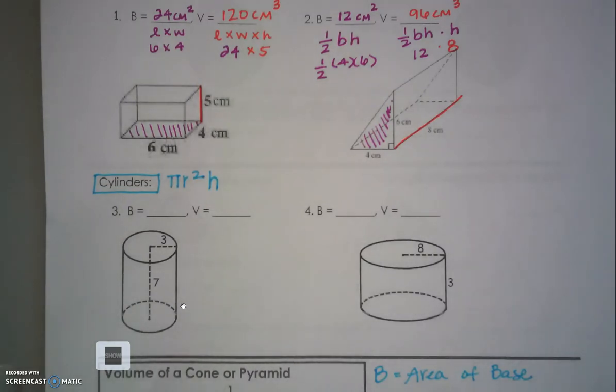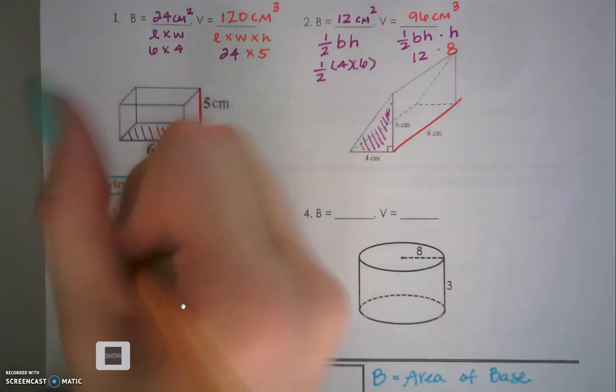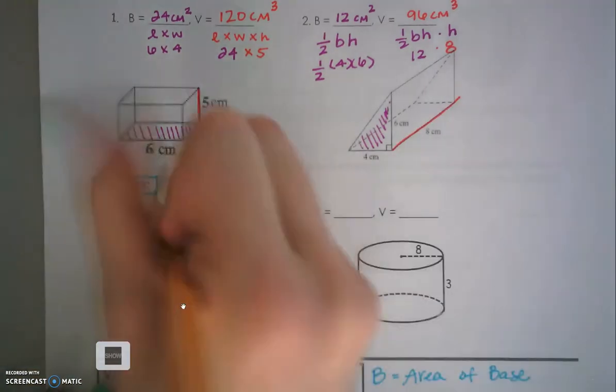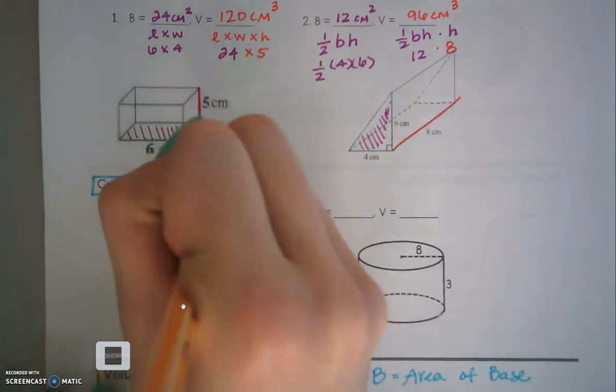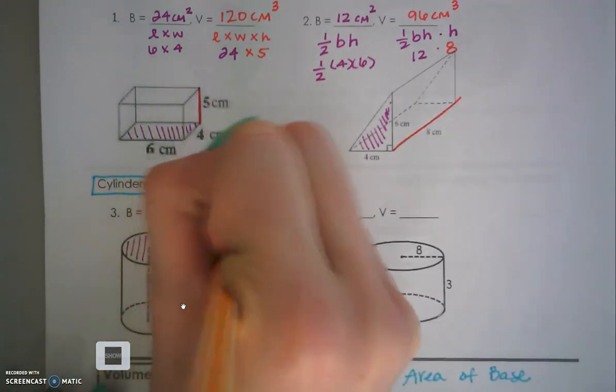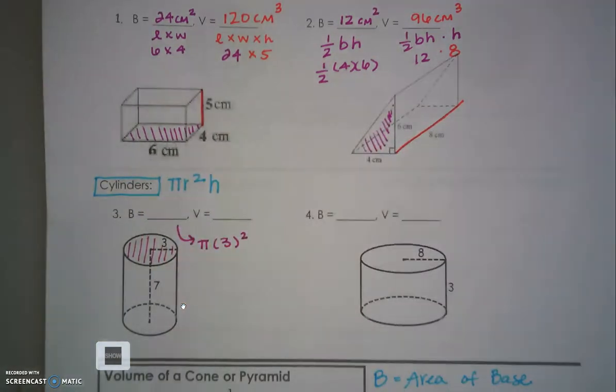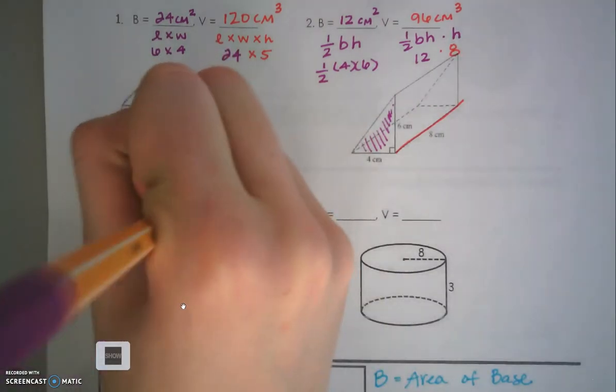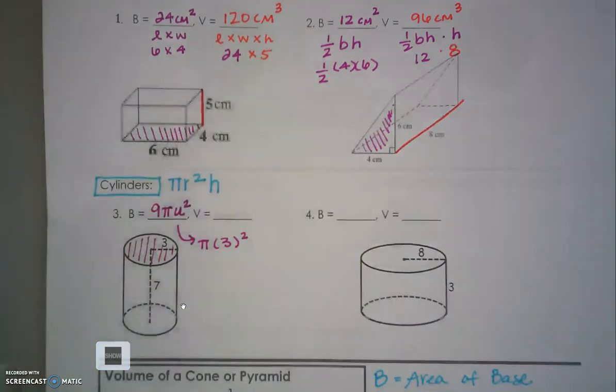So here in our first example, here is my circle. So my base is pi r squared, and I'm going to leave it with pi in the answer. So my base is 9 pi, and I'm going to call it units squared since we weren't given a specific unit of measurement.